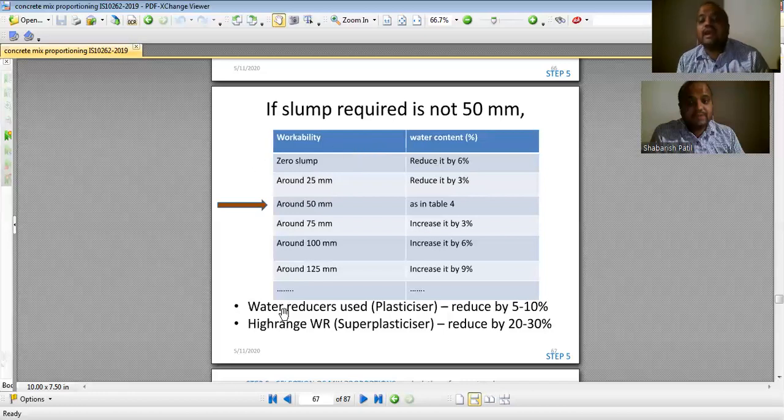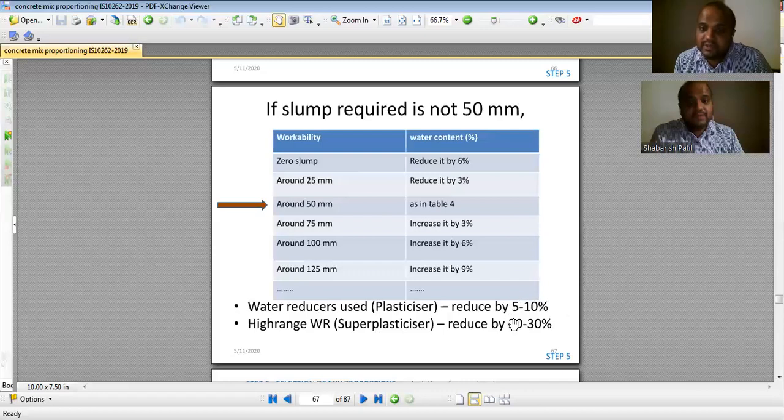And then if we add admixtures, basically we're supposed to think of these admixtures: plasticizers, which are called water reducers, and super plasticizers, which are called high range water reducers. So if I'm using only plasticizer, we can reduce the water content up to 5 to 10%, whereas if I'm using super plasticizer, we can reduce the water content up to 20 to 30%.